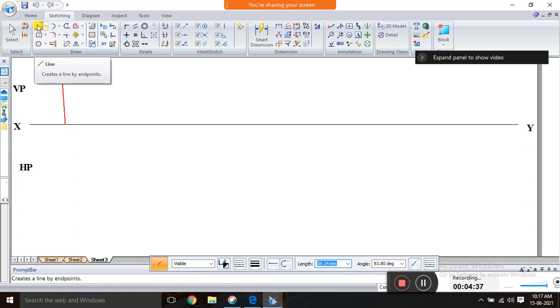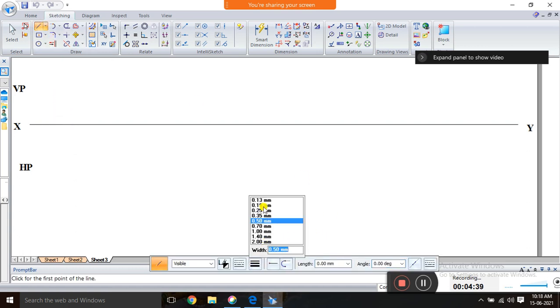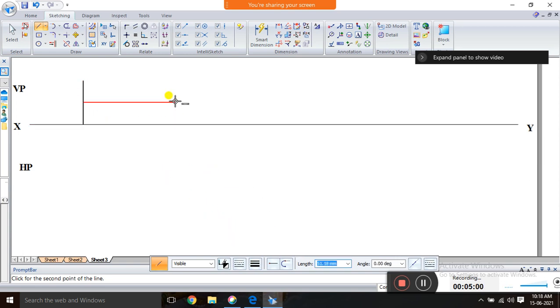Take a line from your scale anywhere on the XY line and give 25 mm. First place that. Next, the altitude means the line passing exactly from the center. That line length is how much? 35. You have to give 35.